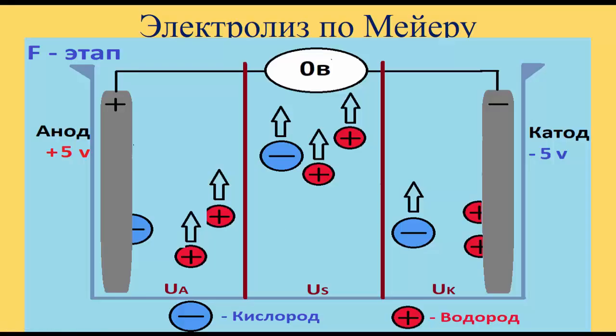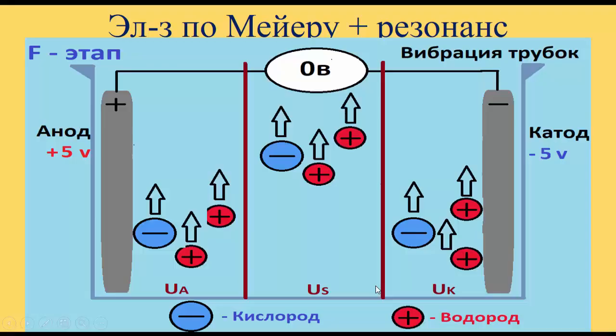But Meyer decided to add more: the property of acoustic resonance. We see that these sticky atoms, oxygen and hydrogen atoms, can be dropped from the cathode and the anode. How does he do that? Look, it adds vibration to the tubes. The tubes vibrate.